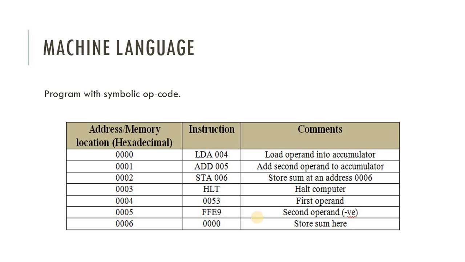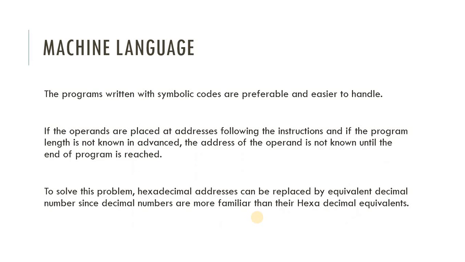With this symbolic representation we can write programs. Programs written with symbolic codes are preferable and easier to handle. But if the operands are placed at the addresses following the instructions, and the program length is not known in advance, the address of the operand is not known until the end of the program is reached.